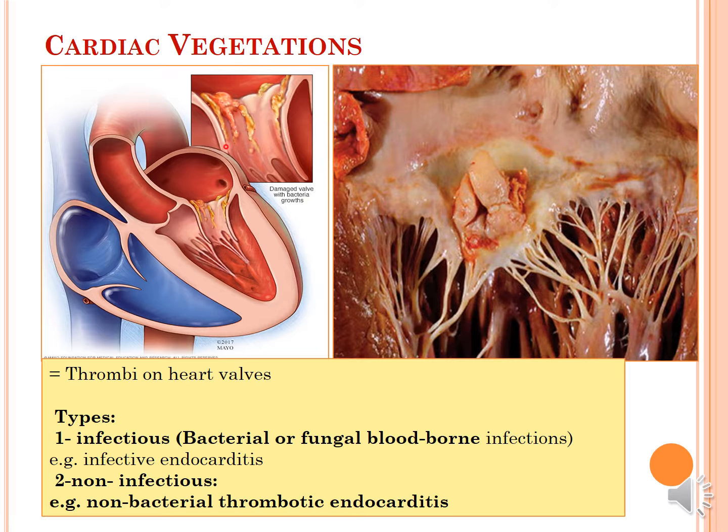Whenever we say infectious vegetations, we mean that there's a certain bacterial or fungal blood-borne infection that causes the formation of those vegetations, and the thrombi in this case contain the infectious microorganism. Non-infectious cardiac vegetations can develop because of many things, for example, non-bacterial thrombogenic endocarditis.